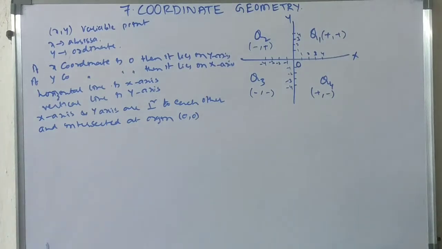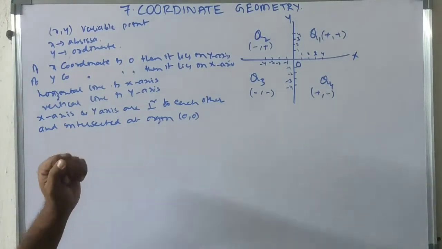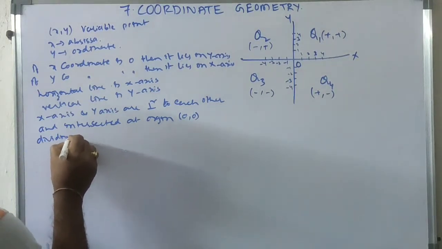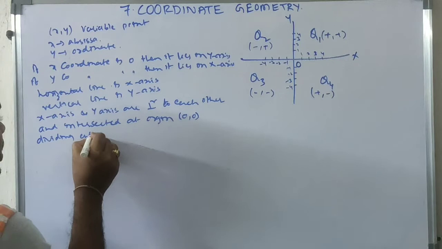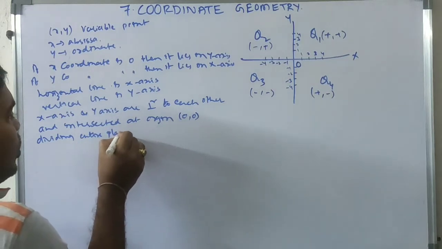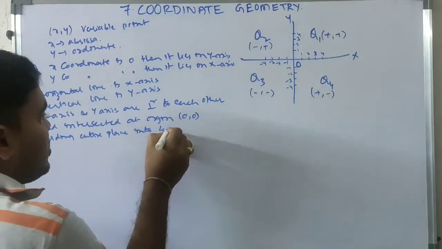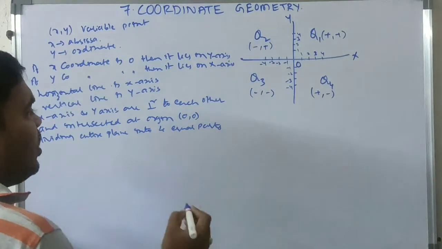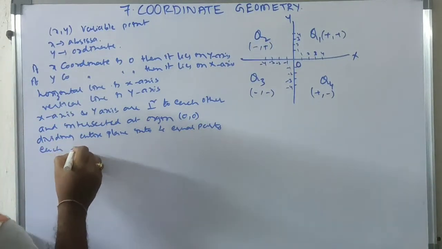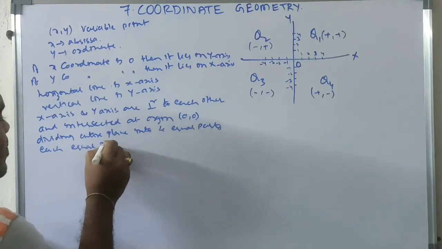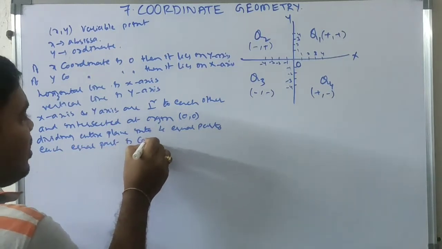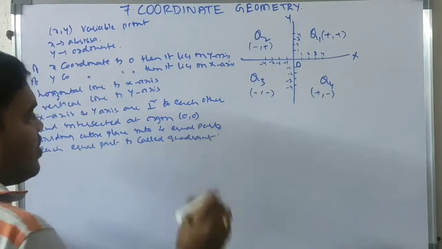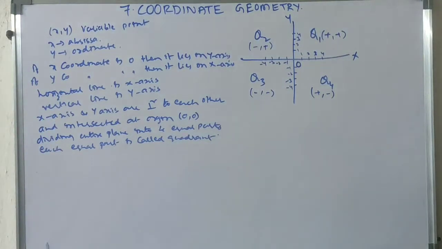This is the origin. The axes divide the entire plane into 4 equal parts. Each equal part is called a quadrant.